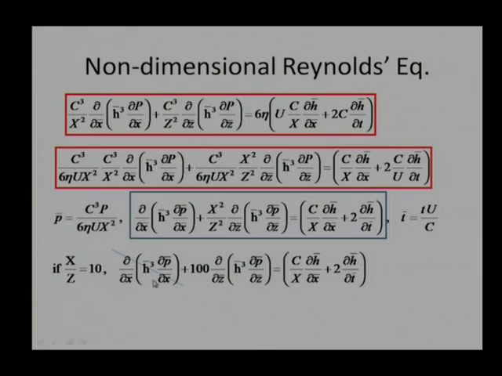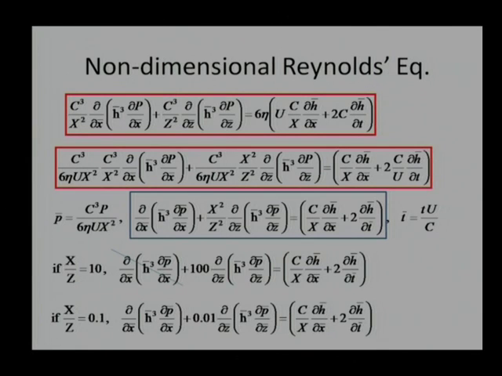After non-dimensionalization, it is very clear that this term is negligible if capital X by capital Z is 10, or the dimension in x direction is 10 times the dimension in z direction. Reverse is also possible. You say that x is much smaller compared to z. In that situation, if we substitute over here, I am getting 0.01.